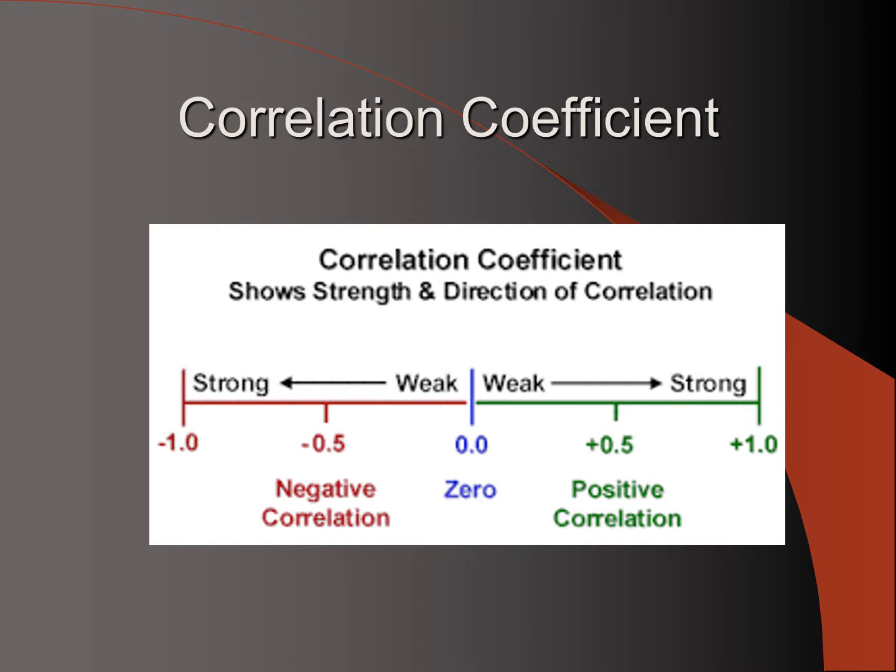Now, to talk a little bit about correlation coefficients. Correlation coefficient can range between a -1 and a +1. If you have two stocks that are perfectly positively correlated, then it has a correlation coefficient of 1. Okay? And what that tells us is that those two stocks move together all the time.